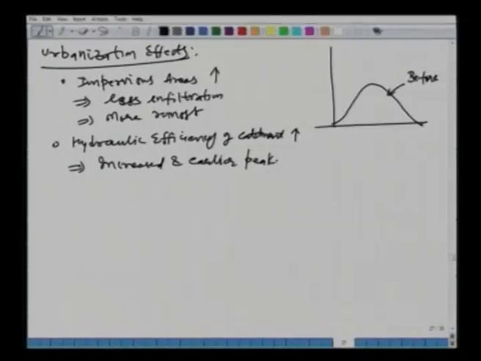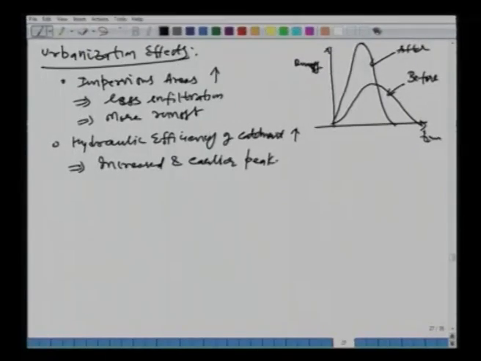Okay. So, if this is my shape before the urbanization, on the same graph, before I do that, let me say that this is time and this is your runoff. Okay. That goes without saying. So, what you have then is something like this, okay, wherein this is your after urbanization. Okay.